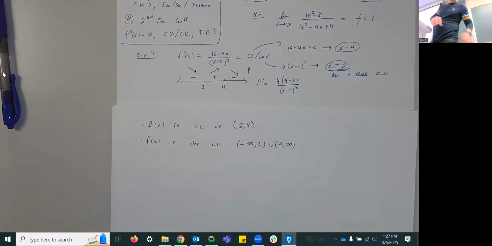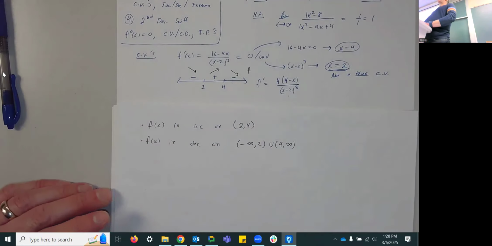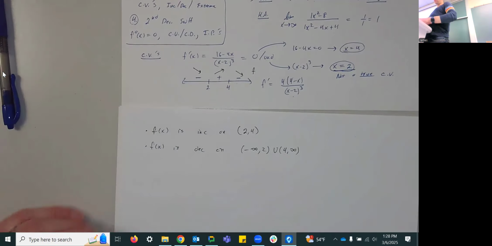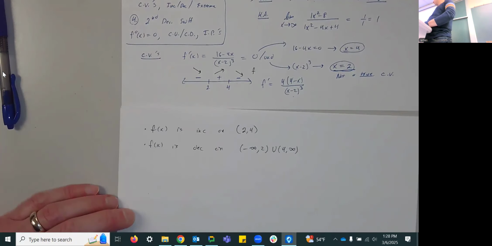And I think I've said this before, I'll say it again. Your intervals where you're increasing or decreasing or concave up or concave down should be open intervals, with, I suppose, some rare exceptions, but let's not get too into that.